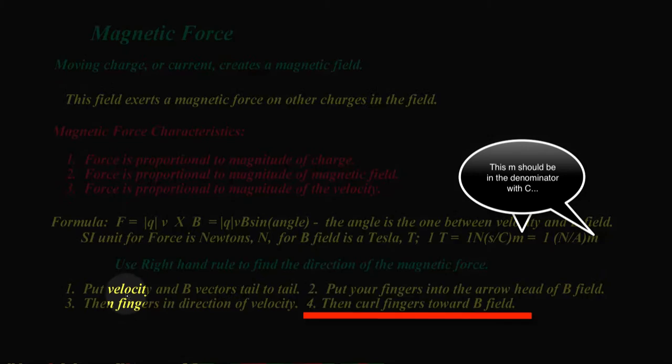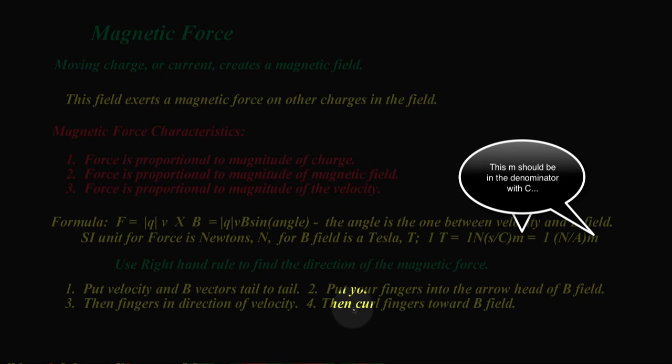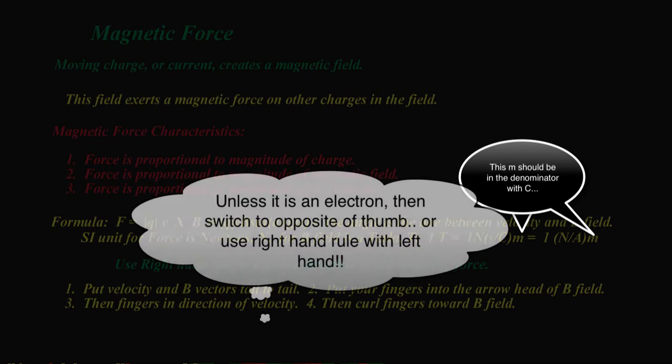All right, so put velocity and B vectors tail to tail, fingers in the arrowhead of the B field, down the velocity vector, curl towards the B field. And then where your thumb points, that's the direction of the force.